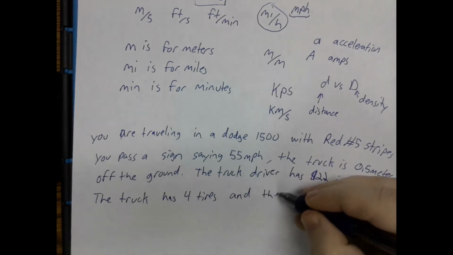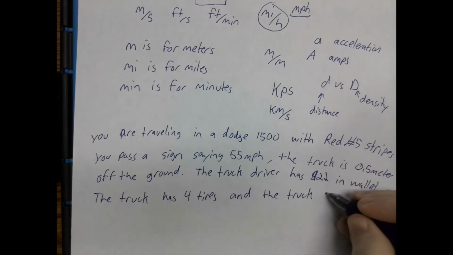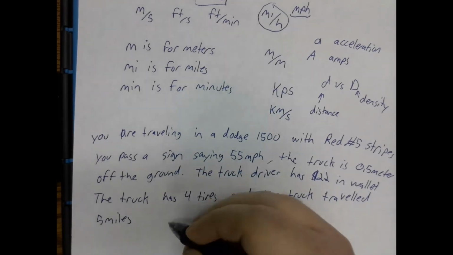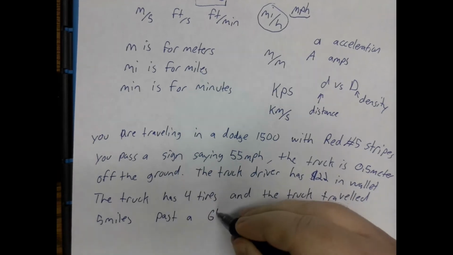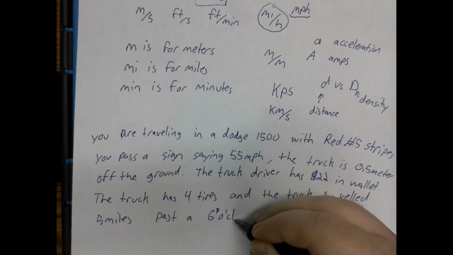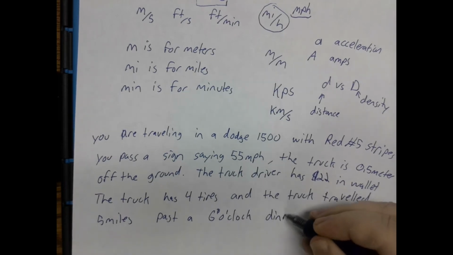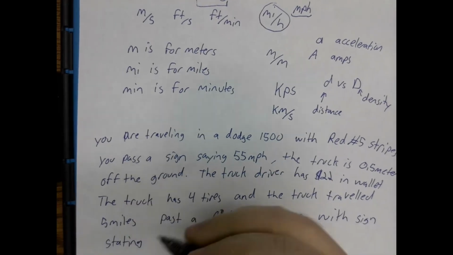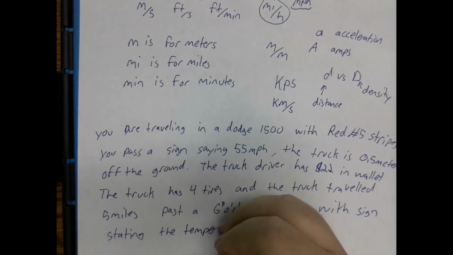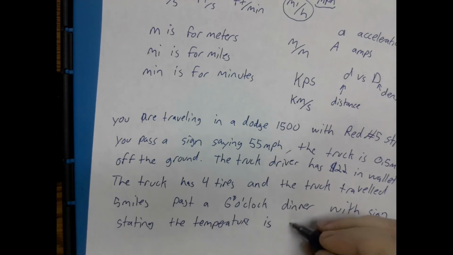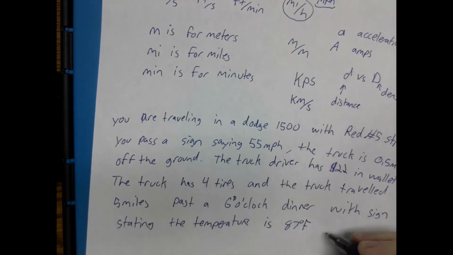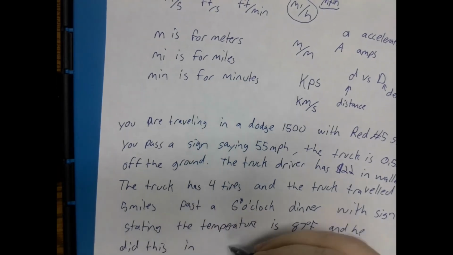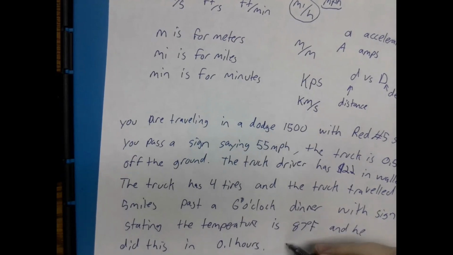And the truck traveled 5 miles past a 6 o'clock diner with a sign stating the temperature is 87 degrees Fahrenheit, and he did this in 0.1 hours. What is his speed?